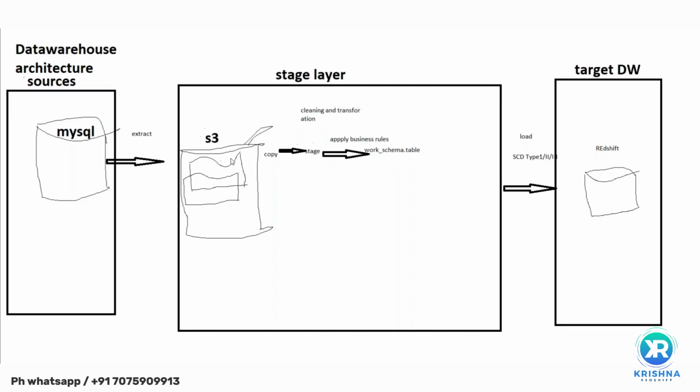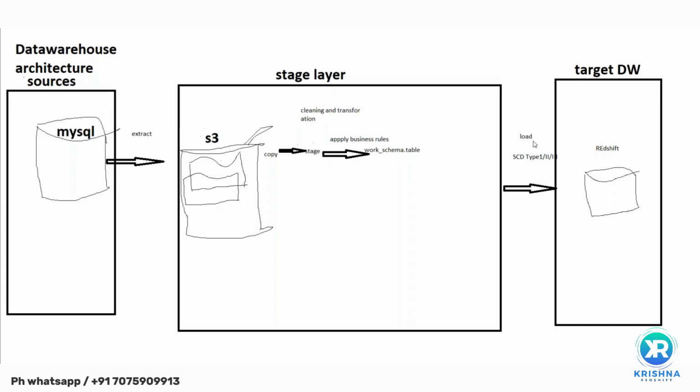Since data is in S3, we are using a copy script to load it into stage. Stage is a database and there will be tables within this stage. After loading into stage, if you have a work layer, then you will load from stage to work and from work to target.